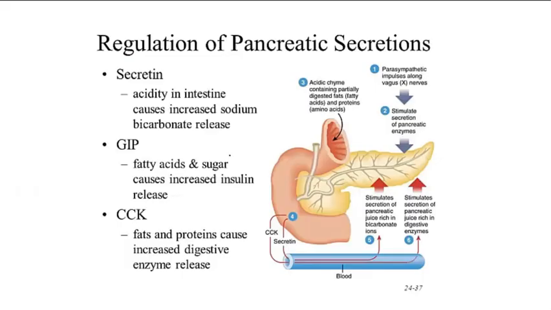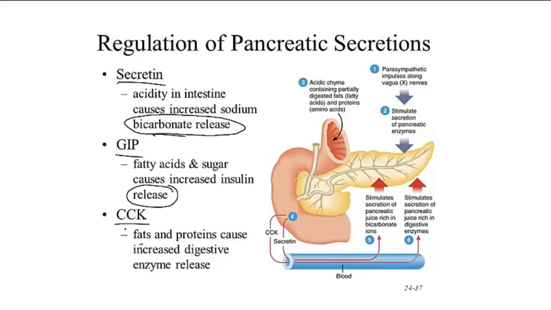The regulation of pancreatic secretions involves different hormones like secretin, GIP and CCK. Secretin says that acidity in the intestine causes increased sodium bicarbonate release to neutralize the environment. Fatty acids and sugar cause increased insulin release, and fats and proteins cause the release of CCK.